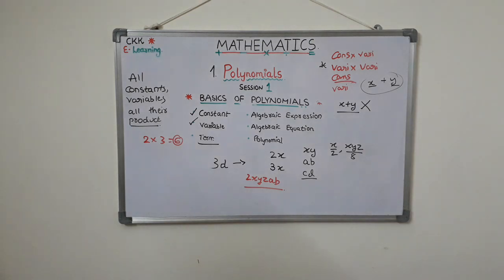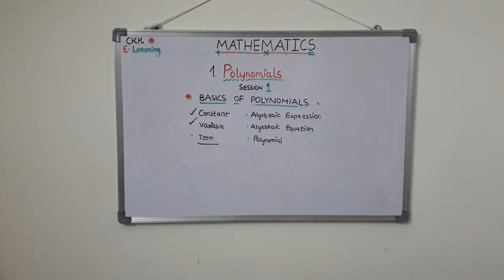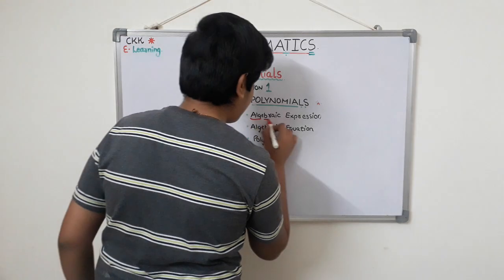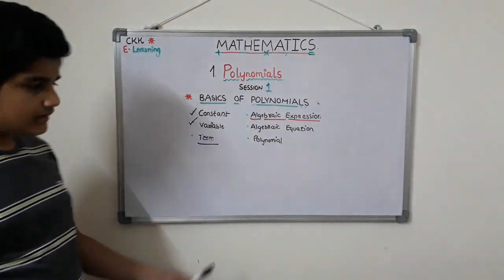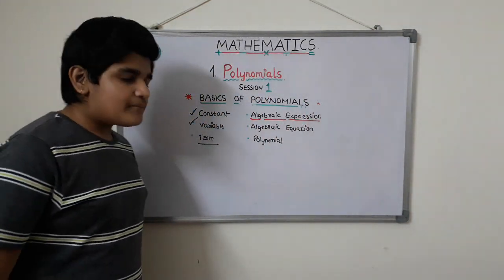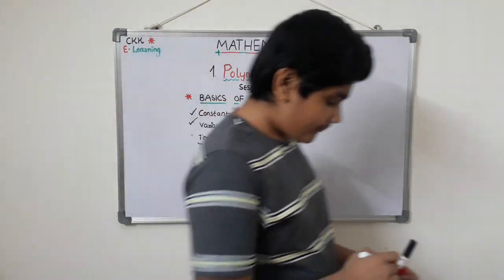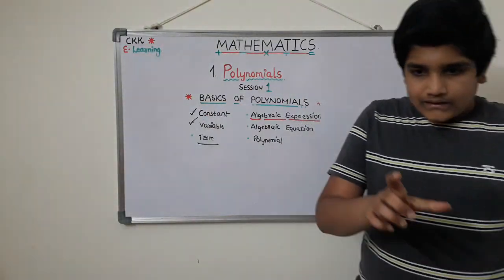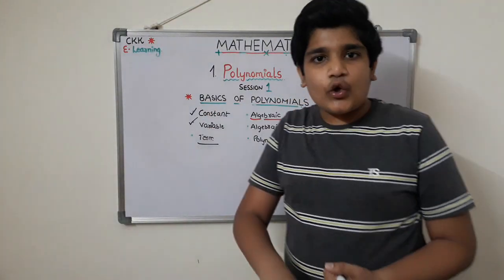So now let us proceed to what is the meaning of algebraic expression, which is the most important. What is meant by algebraic expression is the combination of terms with signs like plus or minus.